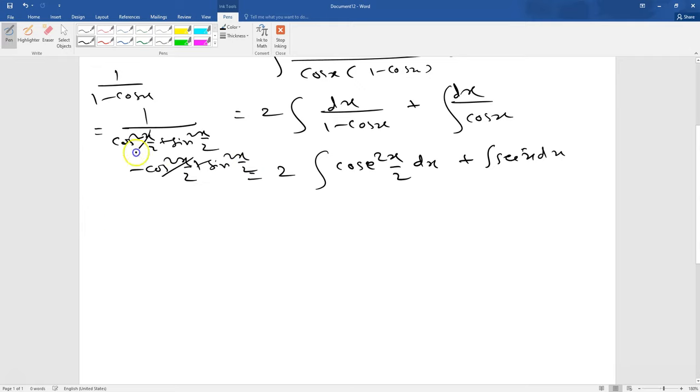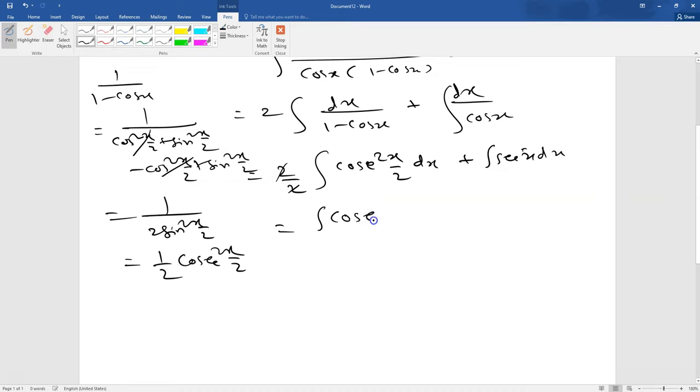Cos square cancels, leaving 1 upon 2 sin square x by 2. So this will be basically 1 half of cosec square x by 2. So 2 gets cancelled, and this is cosec square x by 2 dx and then sec x dx.